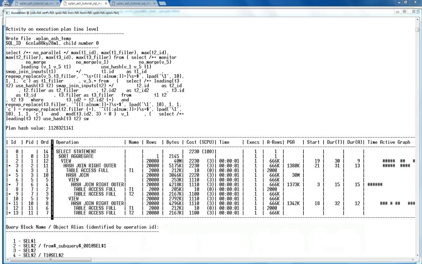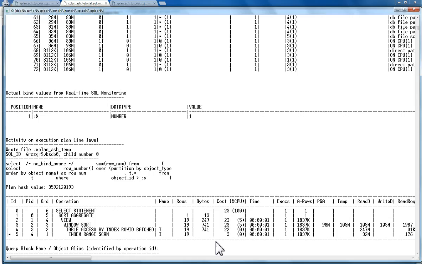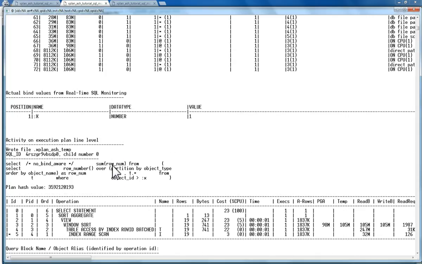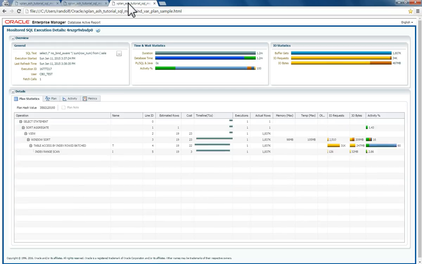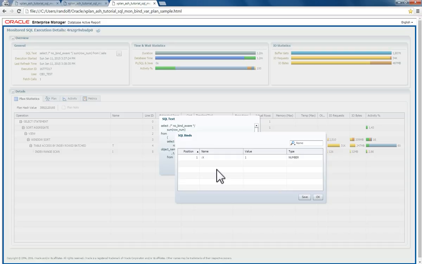And finally, I think what I wanted to show you here is this information. If you have an execution that involves bind variables, then similar to what you get from the real-time SQL monitoring information, you have this option to show the actual bind values, which is very helpful information, because it's not that easy to obtain if you do not have real-time SQL monitoring.